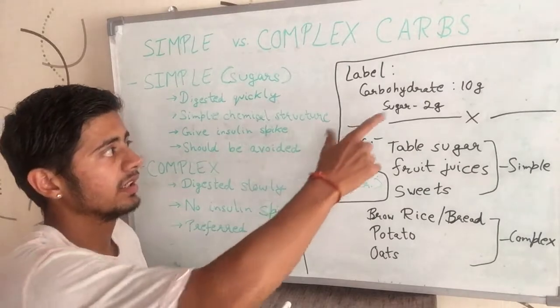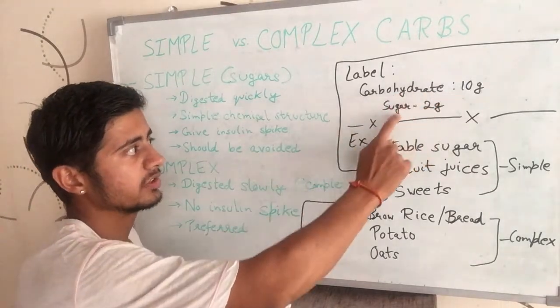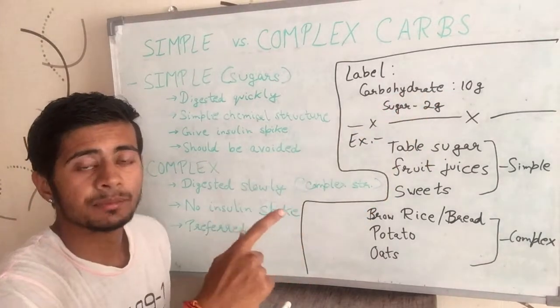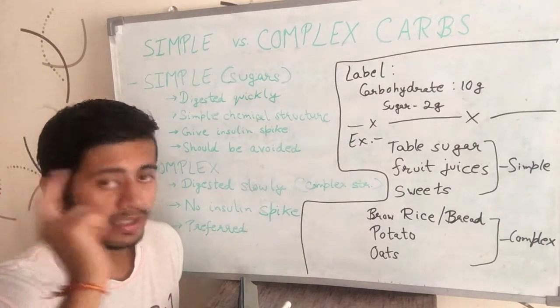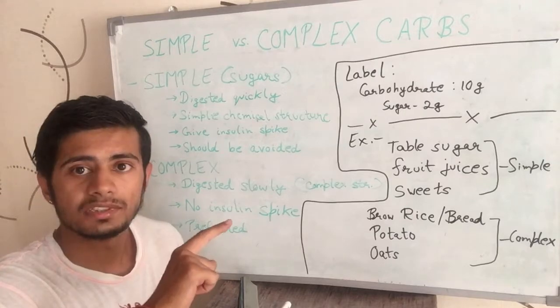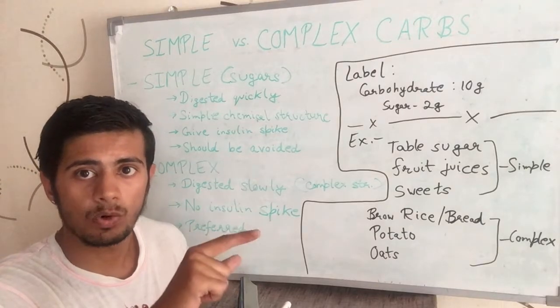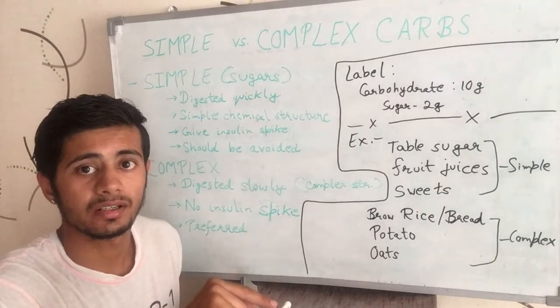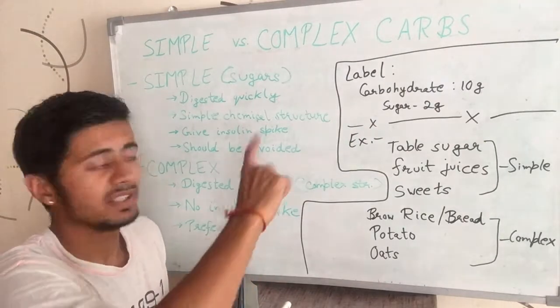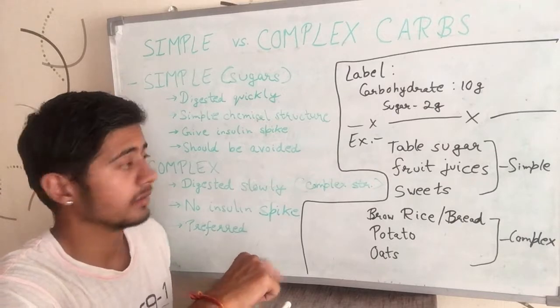So let's say a label says 10 grams of carbohydrates and sugar 2 grams. That means that there are 10 grams of carbohydrates in total. Out of that 10 grams, 2 grams is simple carbohydrate, which is sugar, and 8 grams is complex carbohydrate, which is not sugar. So that is how you read it and understand it.